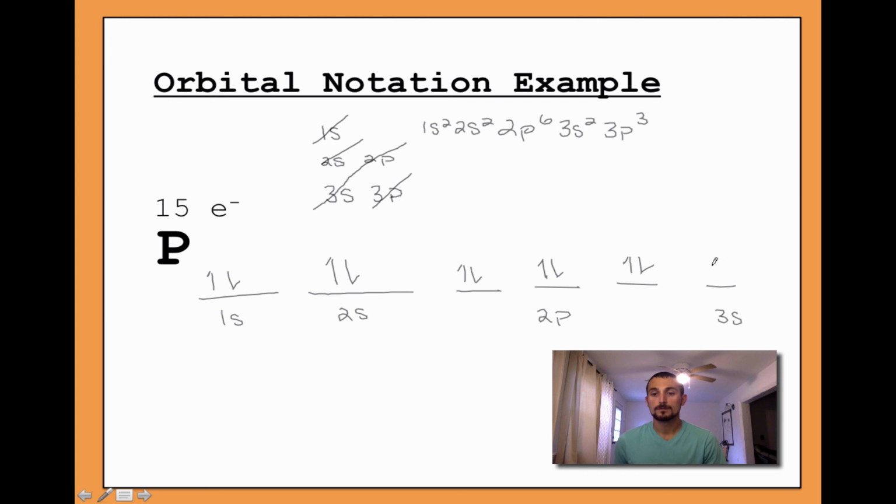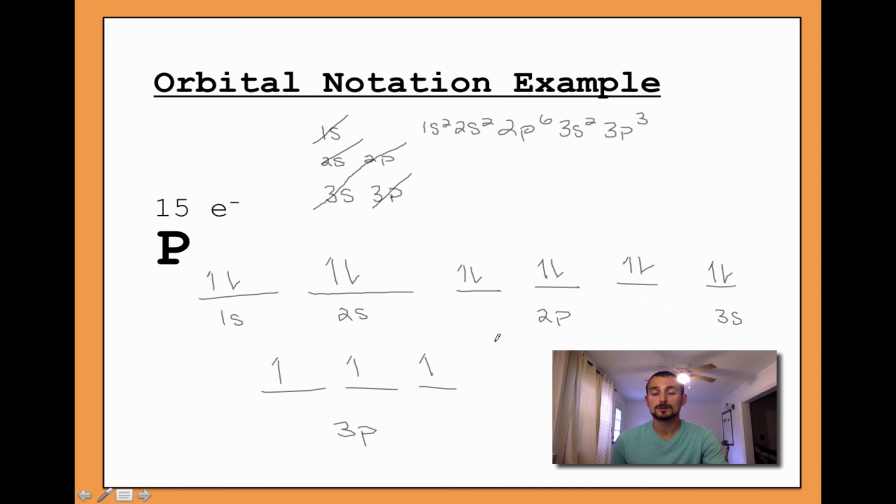Moving on up, 3s, 2, and our last energy level is the 3p sublevel. So we have 3 electrons here, they all go up. So what this tells us is that all of these energy levels and sublevels below are full.